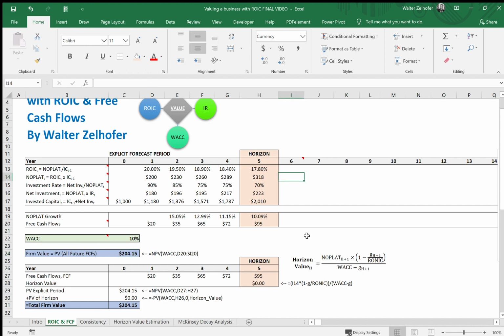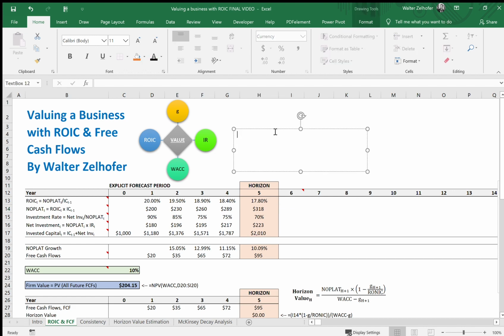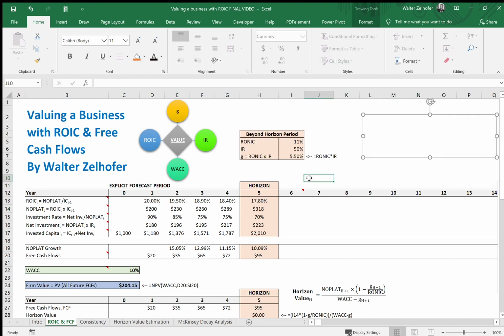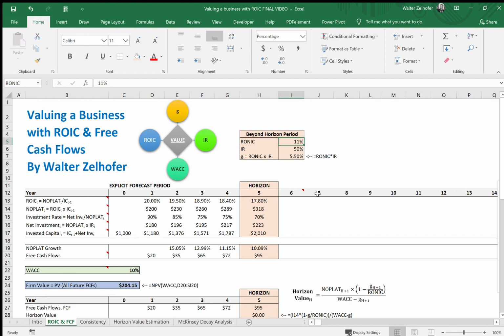So what we're going to do is we're going to assume that the business will continue to grow after year 5 using some assumptions here. So let me reveal my assumptions, okay? We're going to assume that in year 6, 7, 8, 9, all years after our explicit forecast period is done, we're going to earn a return on new invested capital of 11%, and we're going to invest 50% of our operating income back into the business, and fundamentally, that gives us a growth rate into perpetuity of 5.5% by taking the product of these 2 numbers, okay?